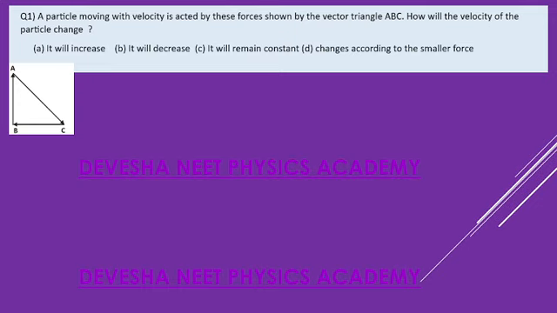So the first question is, a particle moving with velocity is acted by these forces shown in the vector triangle ABC. How will the velocity of the particle change?